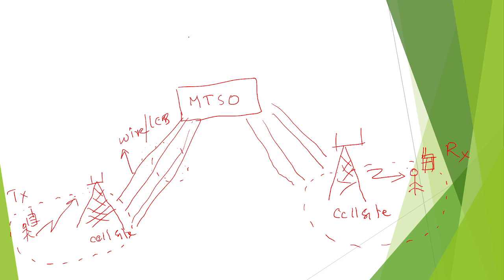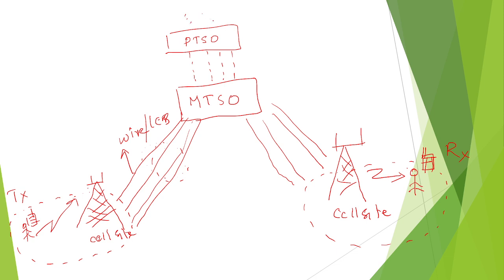For example, here one more is there, the PTSO, public telephone switching office. I am assuming this is the connection between the MTSO, mobile telephone switching office, and the public telephone switching office.